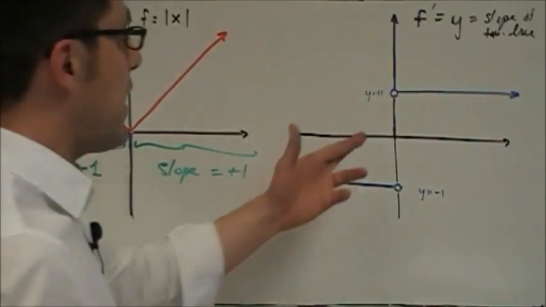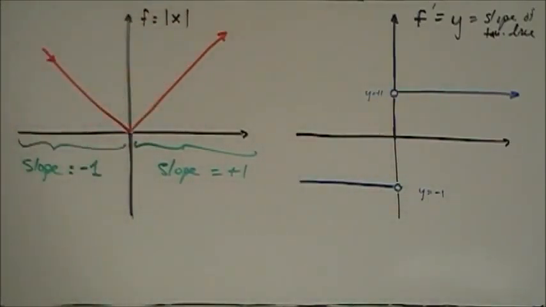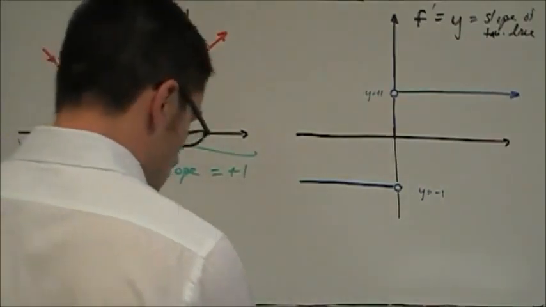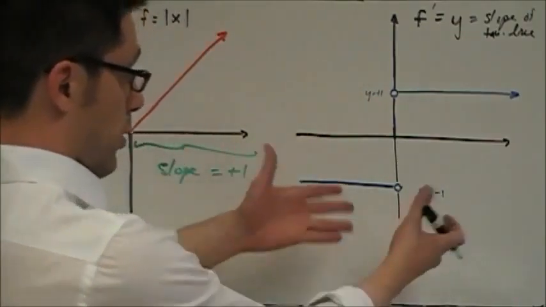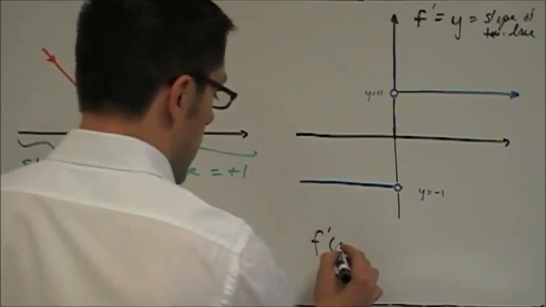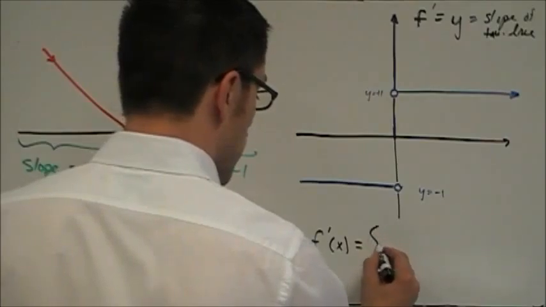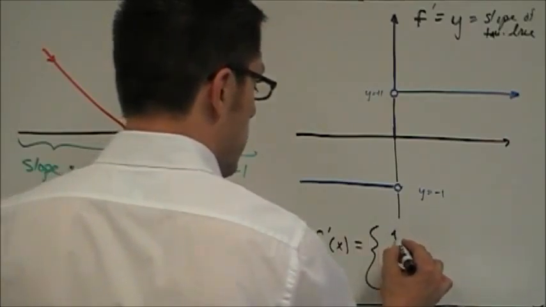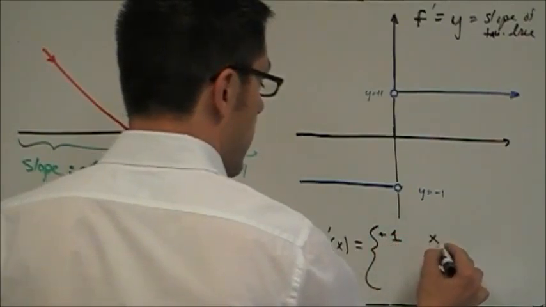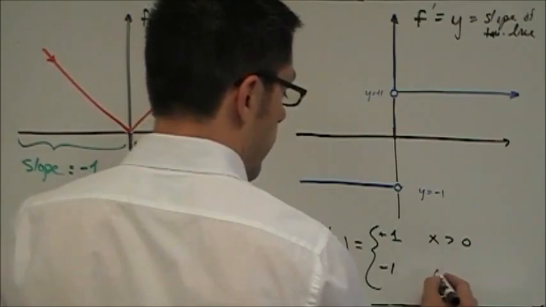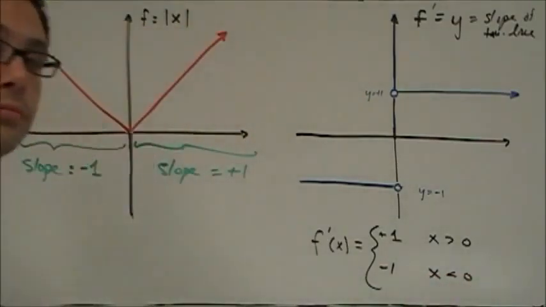And I can also write down a formula for this. The formula is just going to be exactly the definition you can see here. The derivative of f is something like this: the y value is +1 for all x values above 0, and -1 for all x values below 0.